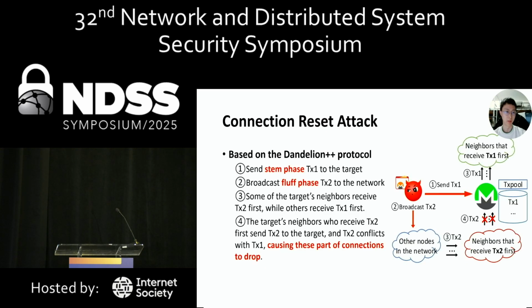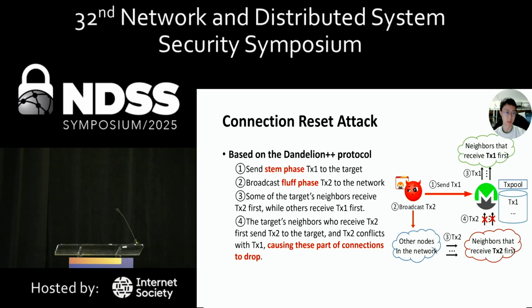By exploiting the difference in propagation speed between the stem transaction and the fluff transaction, we designed the second instance of the connection reset attack. Similarly, we generate two conflicting double-spending transactions, TX1 and TX2, and set TX1 in the stem phase and TX2 in the fluff phase. First, we send TX1 to the target node directly via a node connection and immediately broadcast TX2 to the entire network.